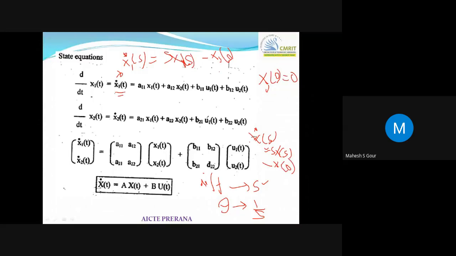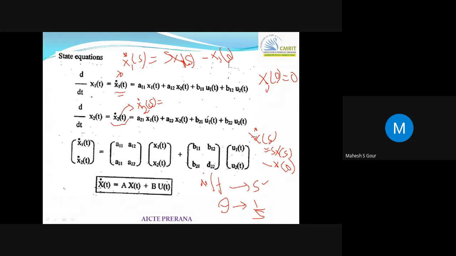Understood the basics now? So can you tell me how you are going to write x2 of s? This is written as x2 dot of s. A dot indicates differentiation, right? If it is double differentiation, you need to put 2 dots. If it is triple, you put 3 dots. Since we are using only one first order differentiation, we are putting only a single dot, right?